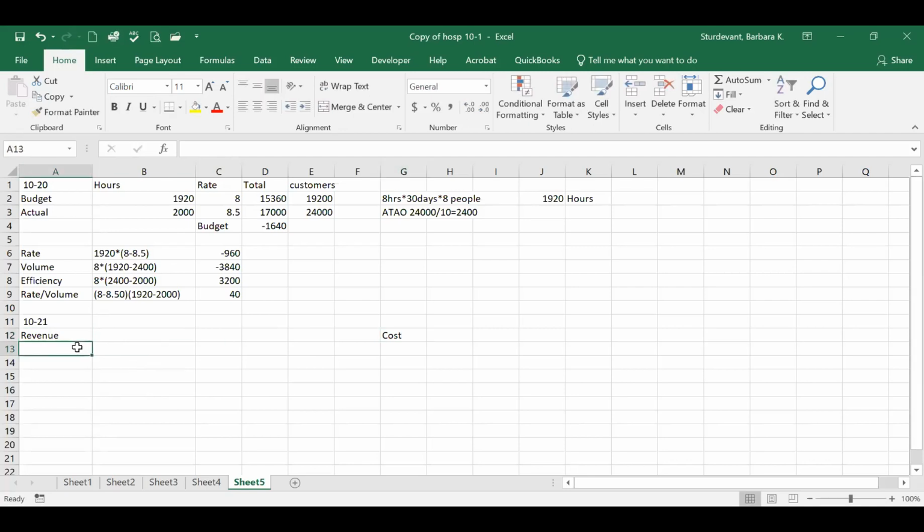So with the revenue, we want the actual to be higher. With the cost, we want the budget to be higher.